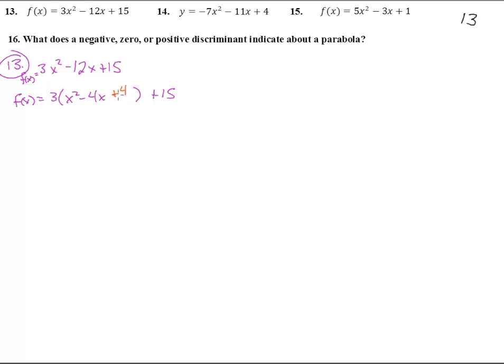Now notice we didn't just add 4 to this side of the equation. We added 3 times 4. So we have to subtract 12 on that side. So when we write it, we get f of x equals 3 times (x minus 2) squared, and then subtracting 12, we get plus 3.